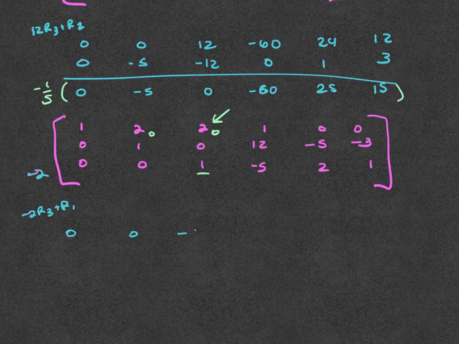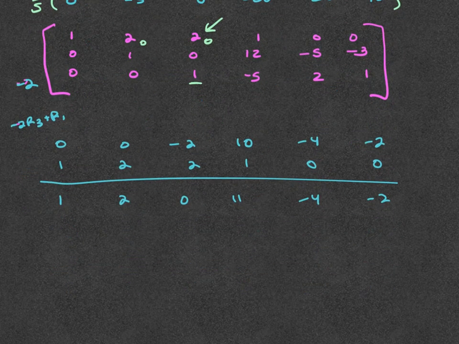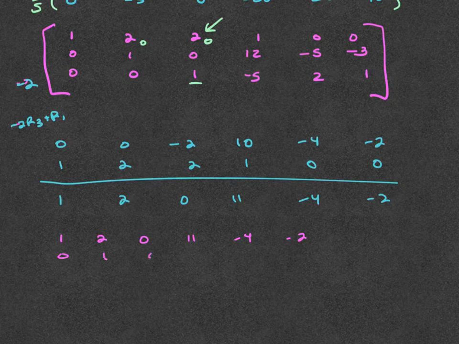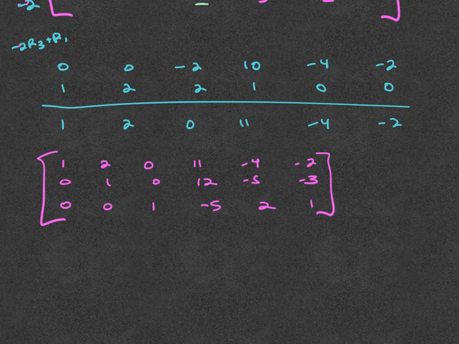-2, 0, 0. And then the last 0 is here, -2, row 2, row 1.